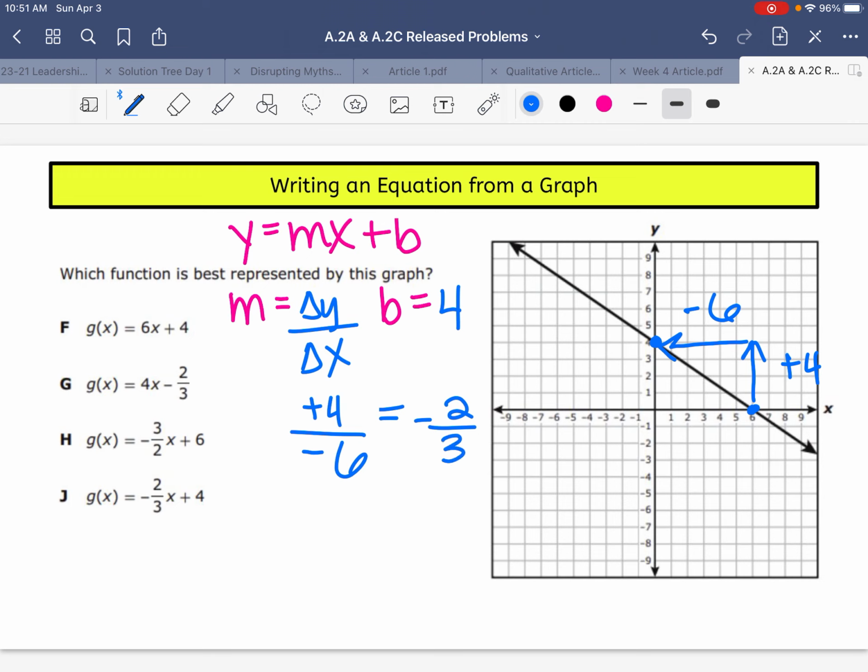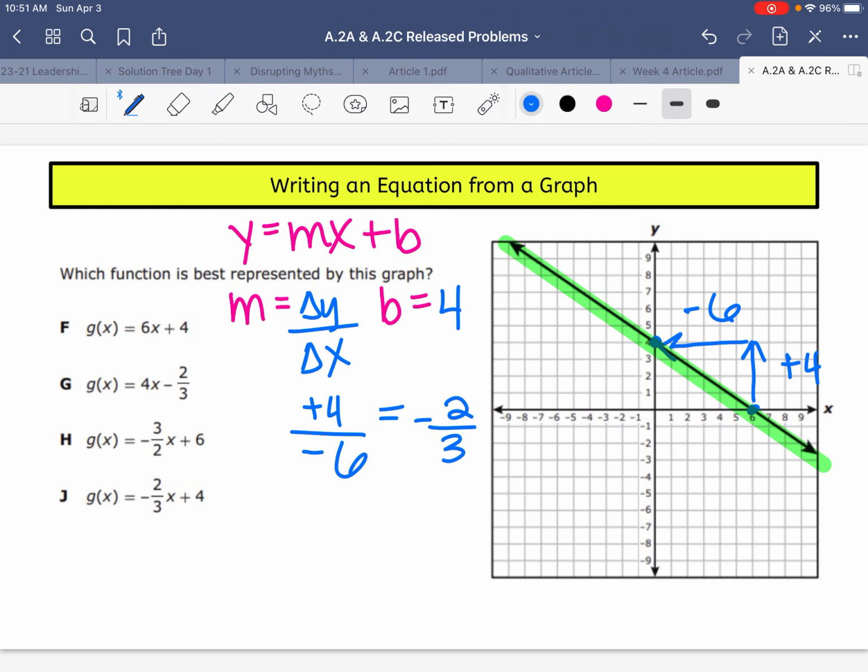Guys, the fact that my slope is negative when you look at our graph makes sense because our line is decreasing. When our line decreases from left to right, our slope will be negative. And when it's increasing from left to right, our slope will be positive.